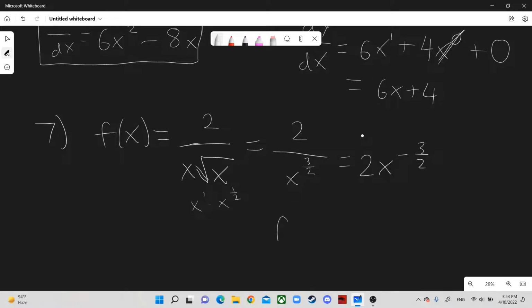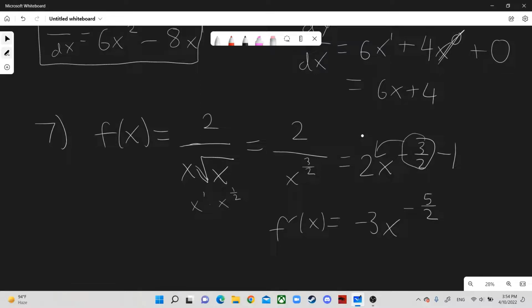So when we differentiate, we do the exact same thing. Take the power, bring it to the front. 2 times minus 3 over 2. Well, the 2's cancel out, you just get minus 3. So 2 times negative 1.5 is negative 3. And then x is there, and then we minus 1 from the power. Minus 1.5 minus 1 is minus 2.5. It's the same thing as minus 5 over 2.